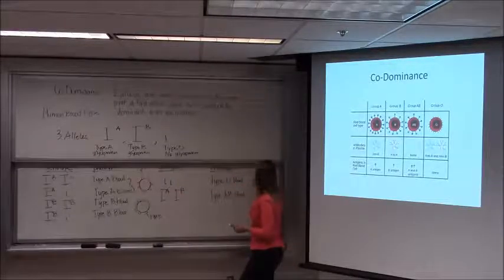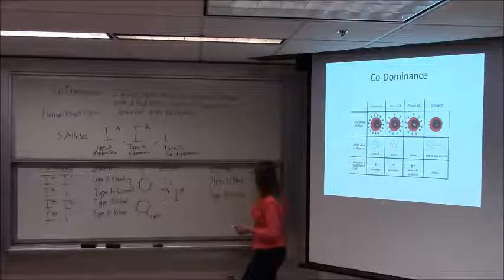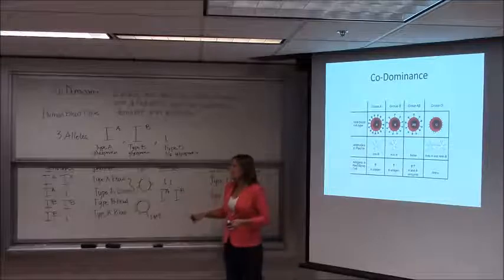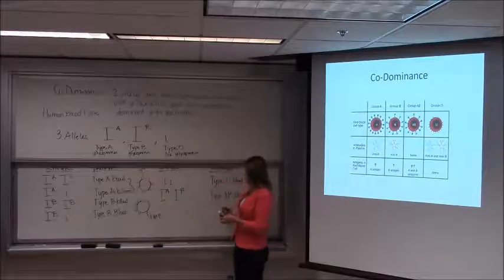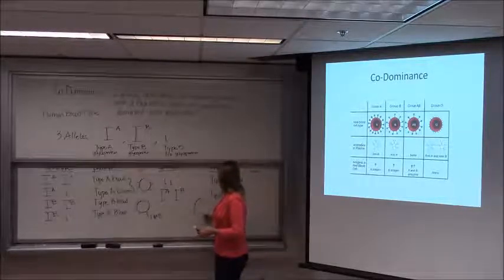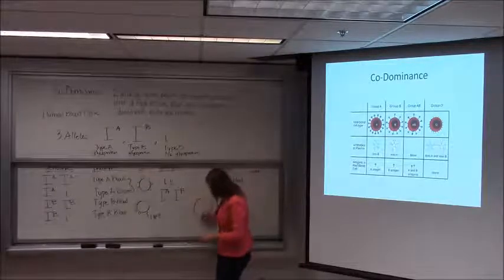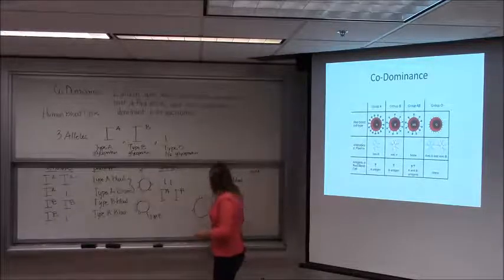You have none. Okay? If you got one of each recipe, you're going to make both. If you're type AB blood, you're going to have B markers and you're going to have A markers.